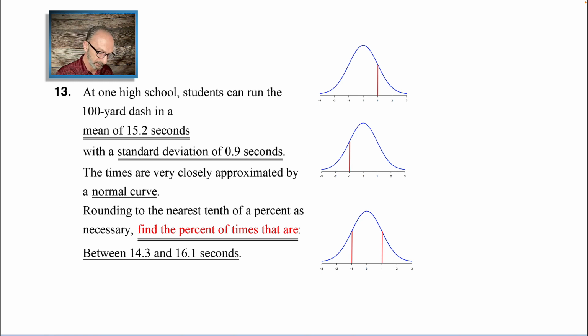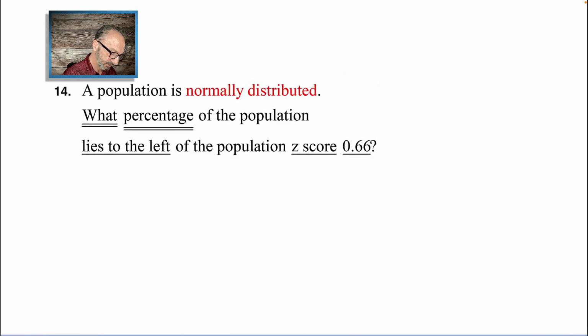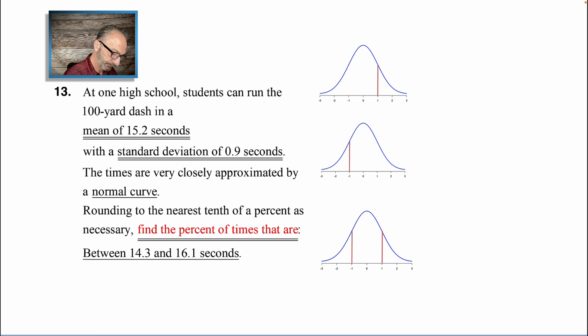Next, still number 3, and this is what I have. I have under 1, I said it's 0.8413, and under negative 1, it's kind of hard to write inside, 0.1587.